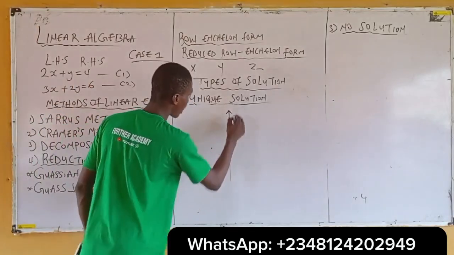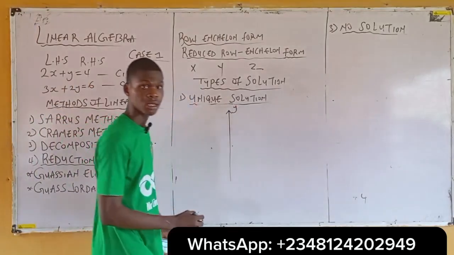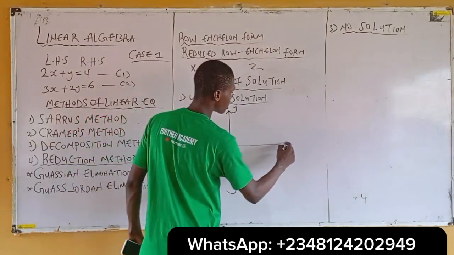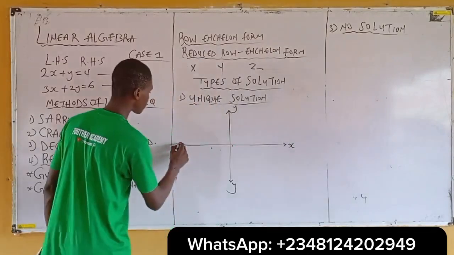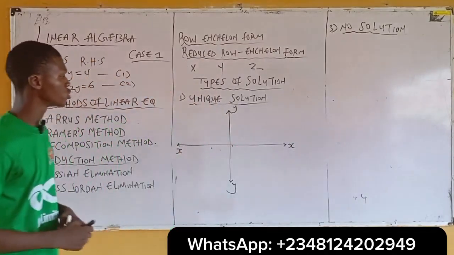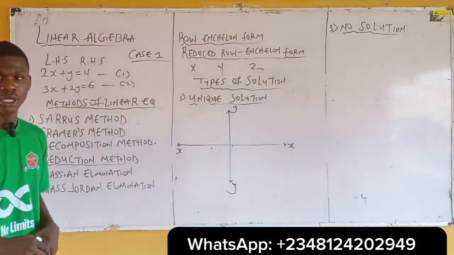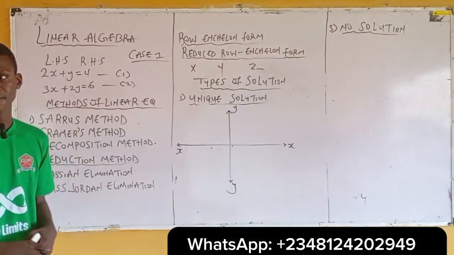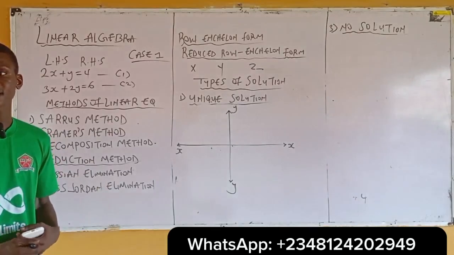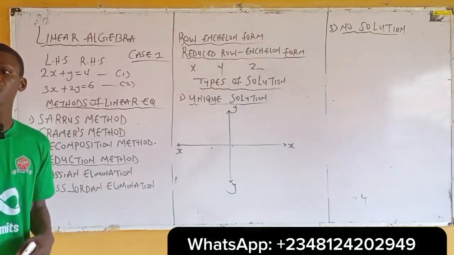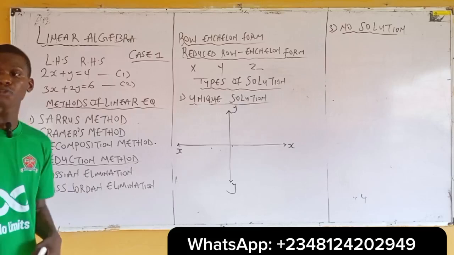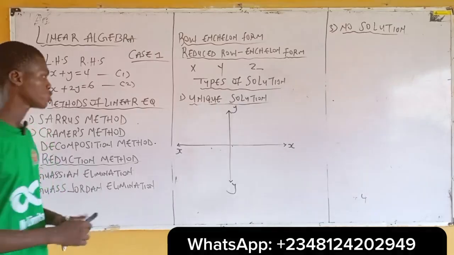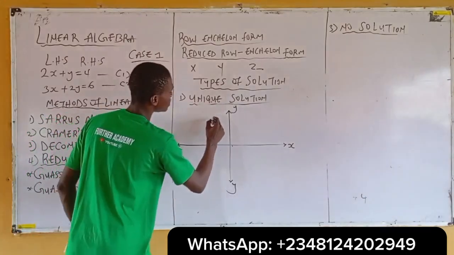Let's say this is y, and this is x. By unique solution, what do you understand? It has a unique number, meaning each of those unknown variables has just one number to satisfy that linear equation.